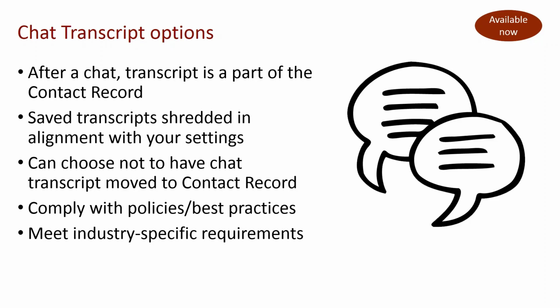So this is just a way to accommodate some of those requirements and gives you more options for deciding whether or not you would like to have that chat transcript moved into the permanent record of the conversation.